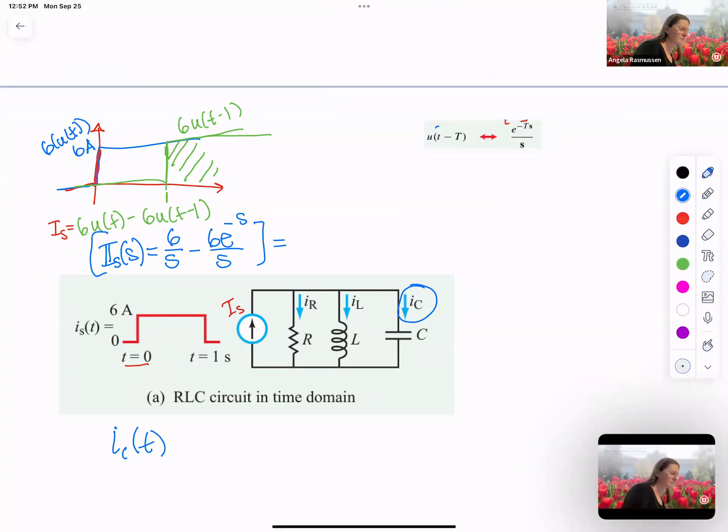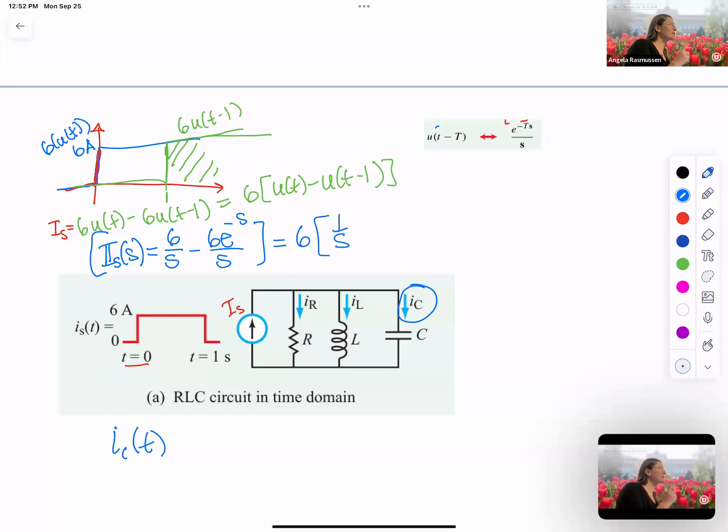I can write this as 6 times u of t minus u of t minus 1. So I can bring the 6 out in front, and then u of t was 1 over s.